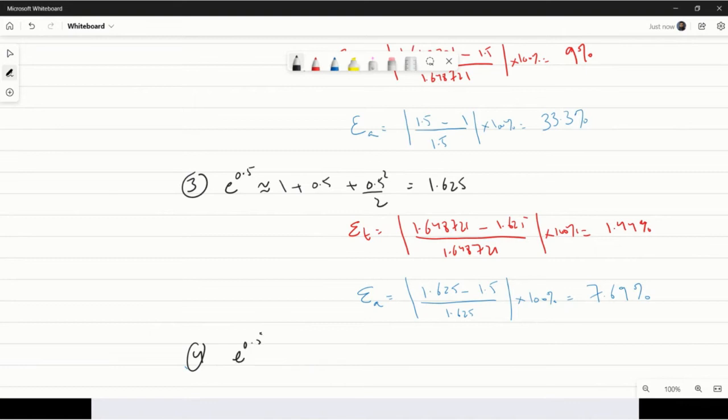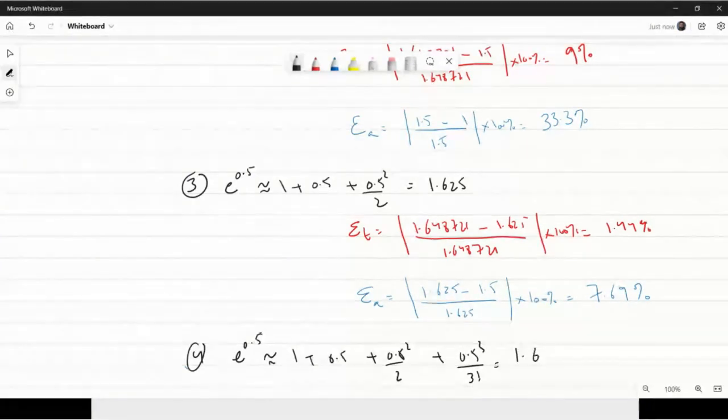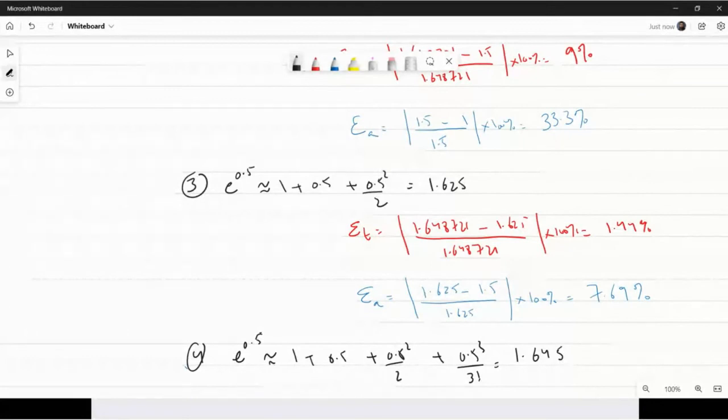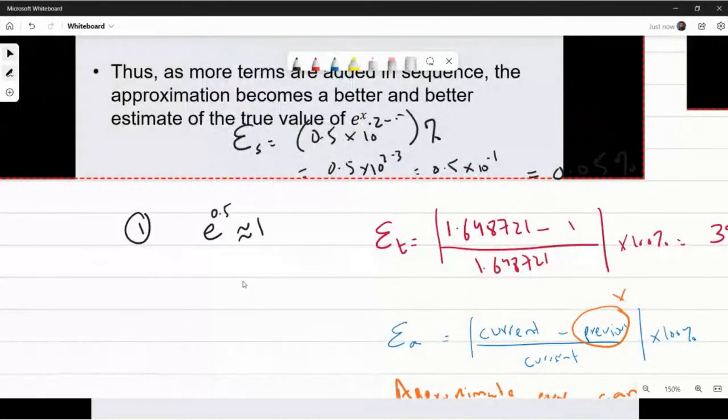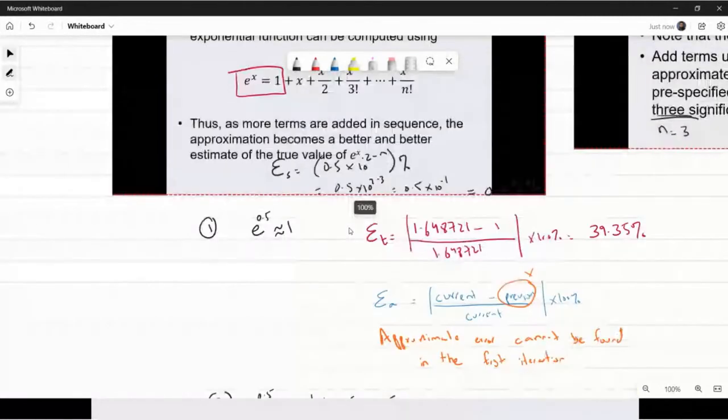So 1 plus 0.5 plus 0.5 square over 2 plus 0.5 cubed over 3 factorial. So x cube divided by 3 factorial.